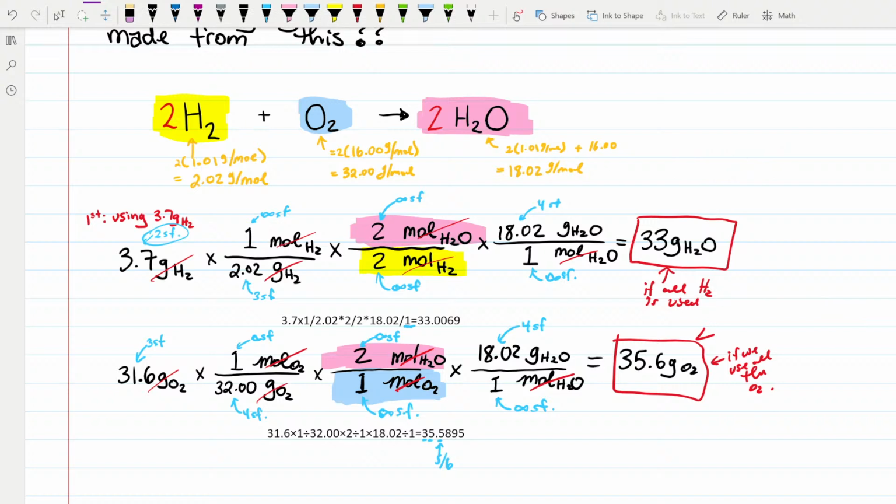So here, if we have enough oxygen to make 36 grams of water, but we only have enough hydrogen to make 33 grams of water, well, then the answer is 33 grams. So therefore, 33 grams of water will be made, because hydrogen runs out.